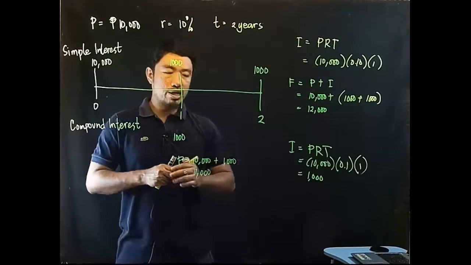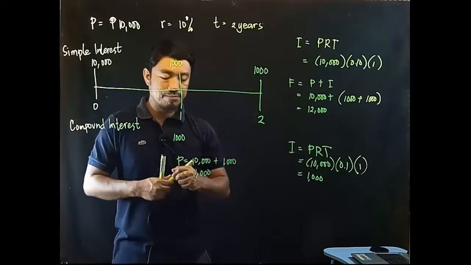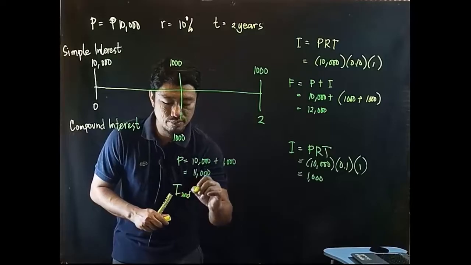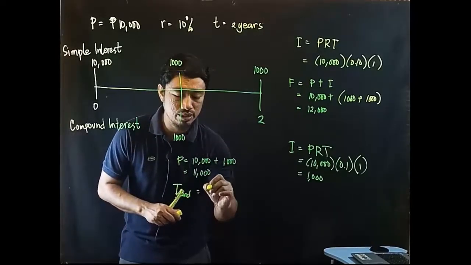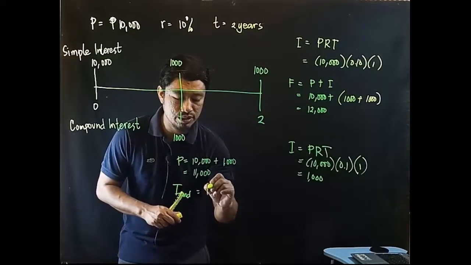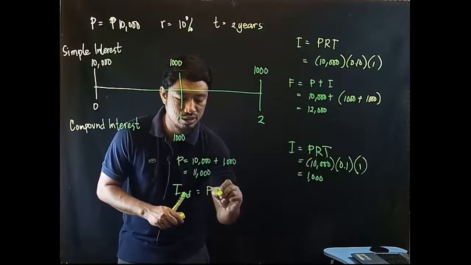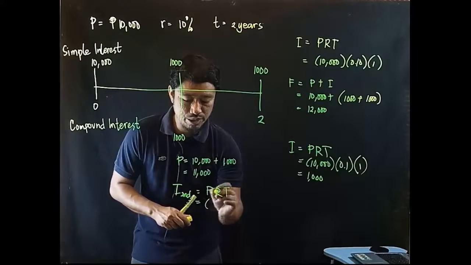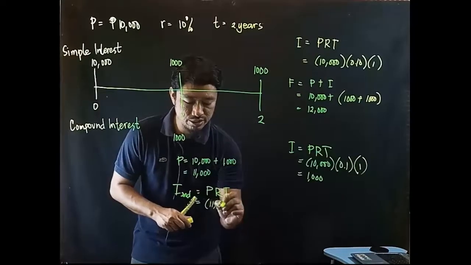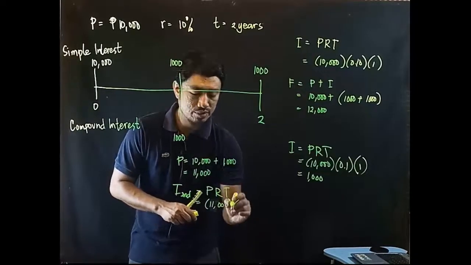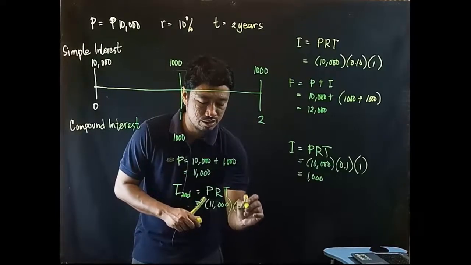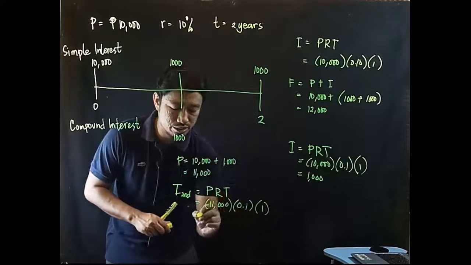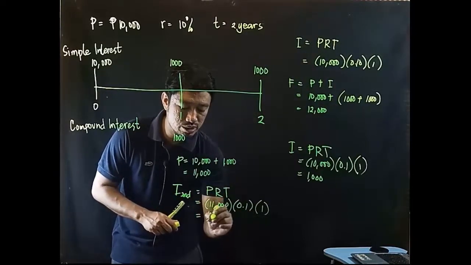So computing for the interest on the second year is equal to, again, the formula of simple interest, PRT, equal to P, which is 11,000, times the interest rate 10% and another period of 1 year. So this is equivalent to 1,100.